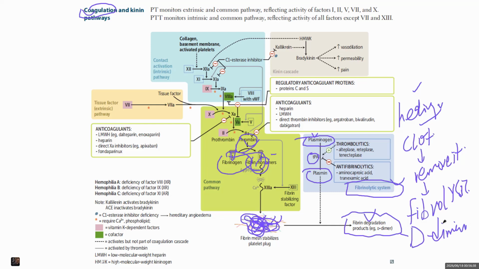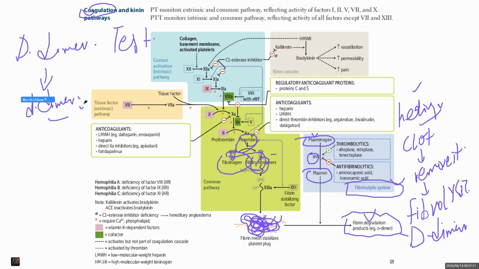Now let's get back to the concept of why we need the D-dimer test to be ordered in the emergency department or anywhere in the hospital. The very first thing to remember is that this D-dimer test measures the level of D-dimer fragments in our blood.